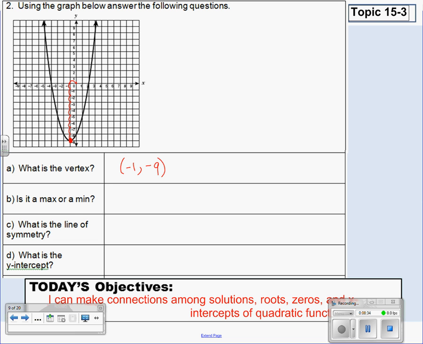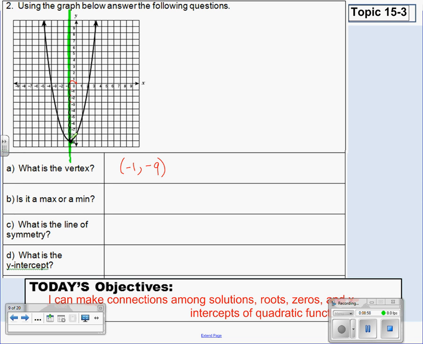Now we want to find the axis of symmetry. Using your highlighter or different color, we're going to start at the vertex and then draw your vertical line through that vertex. So the vertical line through the vertex, we know it's a vertical line. It only crosses the x-axis, and I skipped B, but that's okay.